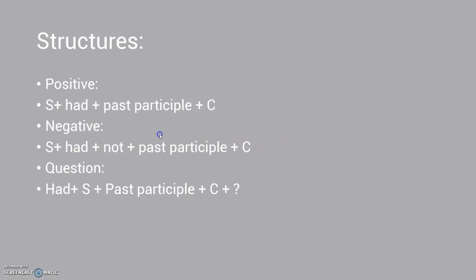So: I had not finished, she had not gone, I hadn't participated, etc. And in the question, had is going to go first, then our subject, the verb in past participle again, our complement if we need it, and the question mark. So all the time, the auxiliary had, all the time, the verb in past participle, all the time, the first action in our sentence.